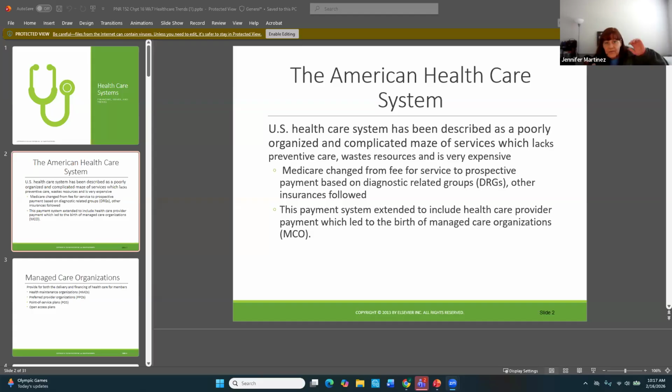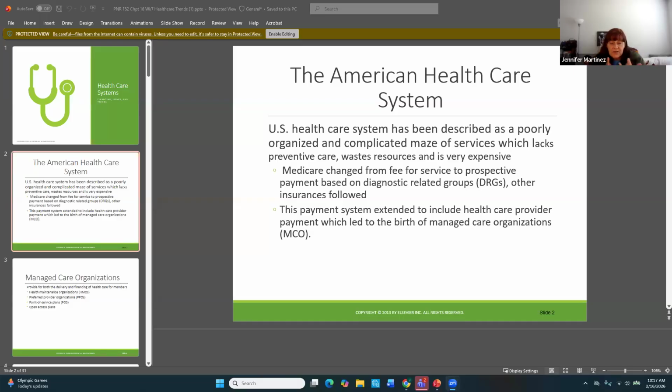They made an agreement with the insurance companies that they are going to accept that flat rate for whatever the diagnosis is. Like I said, that was one of the ways they tried to cut costs. So the hospitals are reimbursed again based off of that DRG. And so what does that mean?